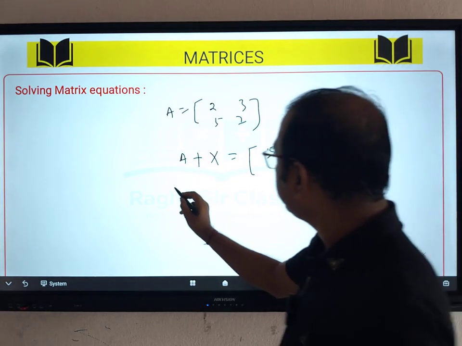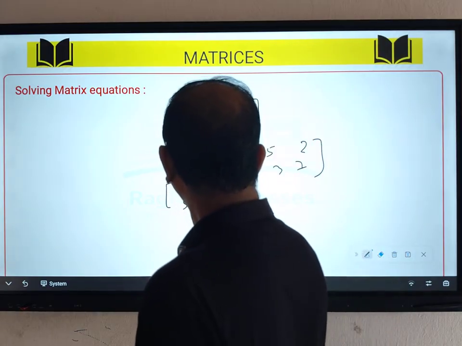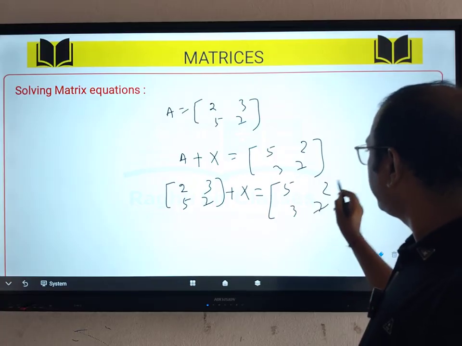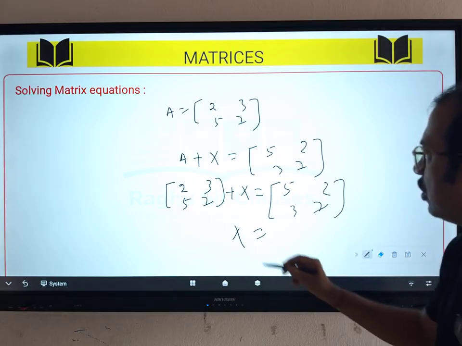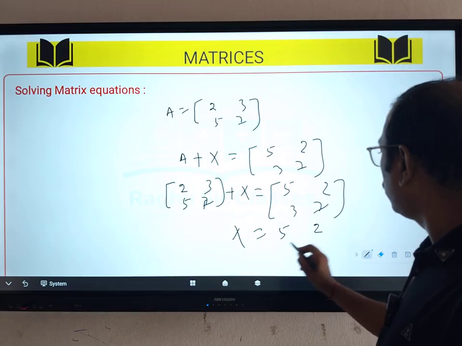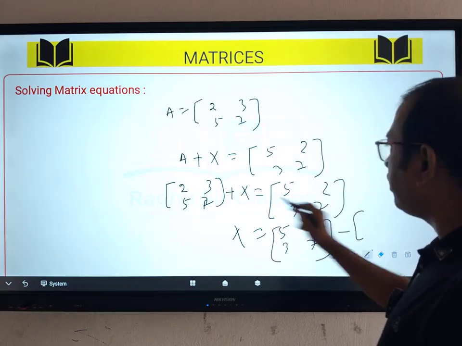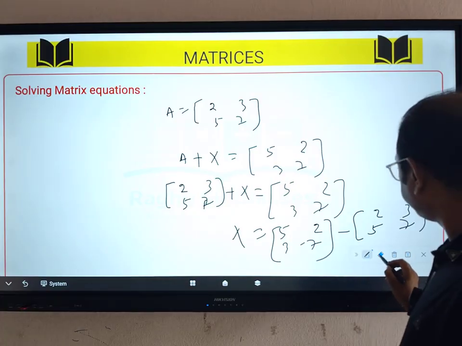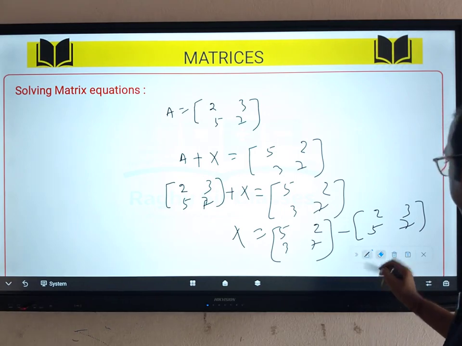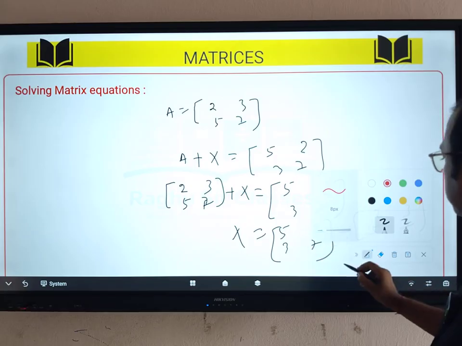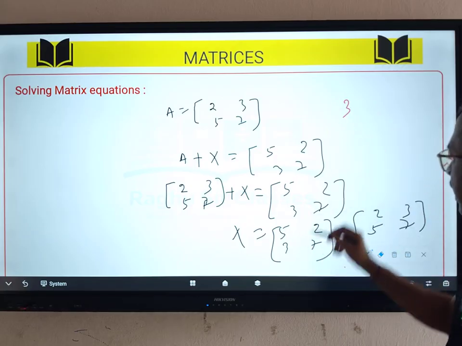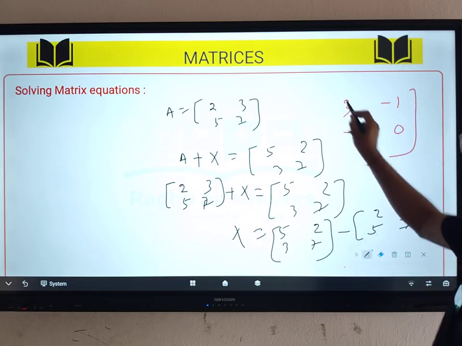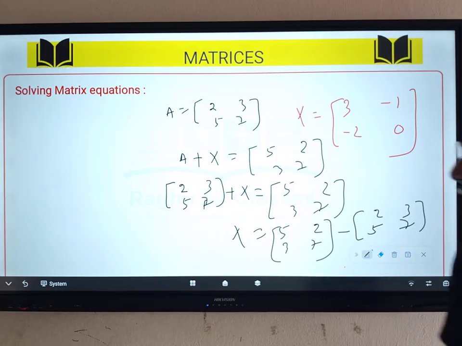Name of the matrix should be a capital letter. If you want X, A will be transferred to the other side, so it will be minus: 5, 2, 3, 7 minus 2, 3, 5, 7. Like in equations, you can subtract corresponding elements. 5 minus 2 is 3, 2 minus 3 is minus 1, 3 minus 5 is minus 2, 7 minus 7 is 0. This is solving for the unknown matrix X, okay.